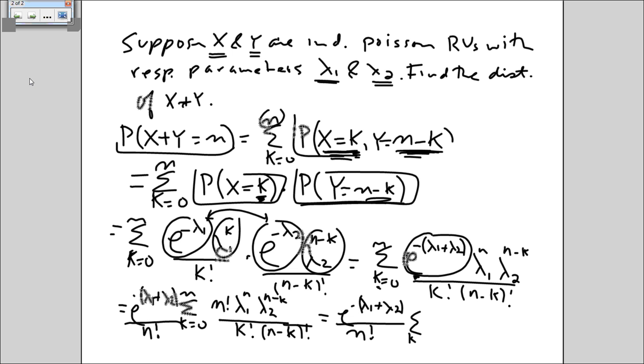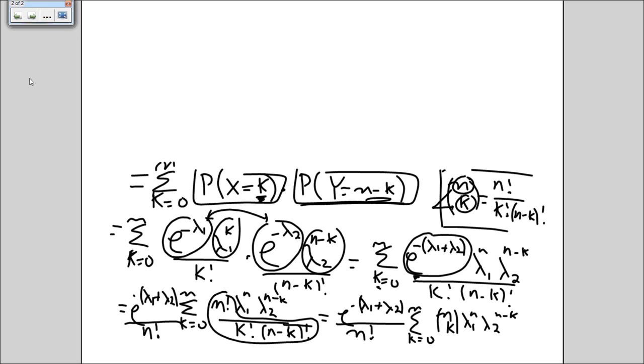We come to the top, and I have what's in front, e to the negative lambda 1 plus lambda 2 over n factorial, times this summation.